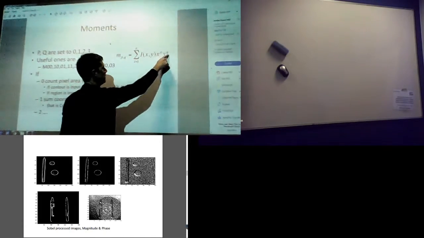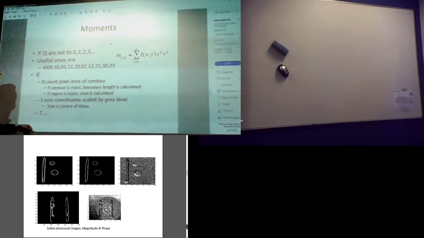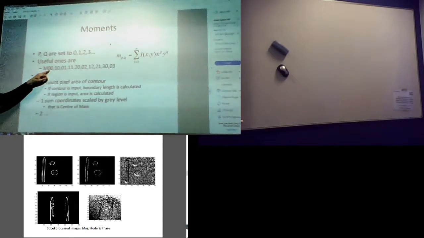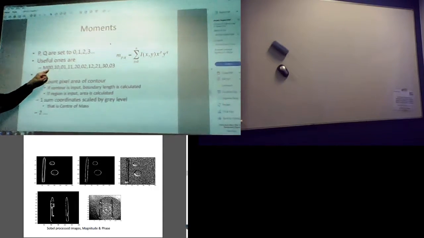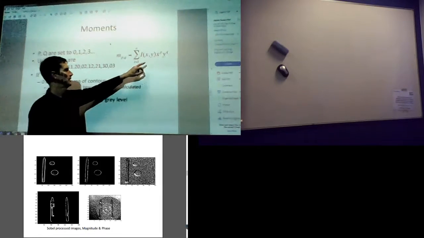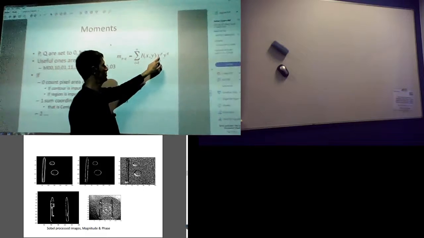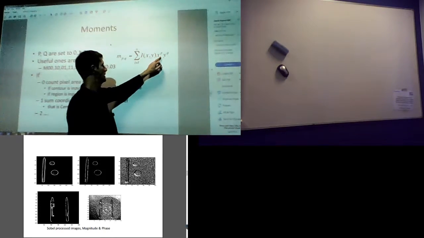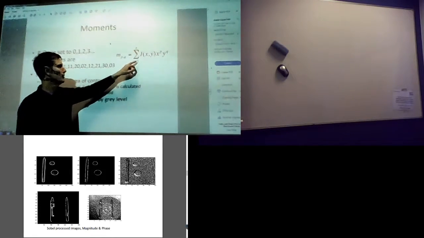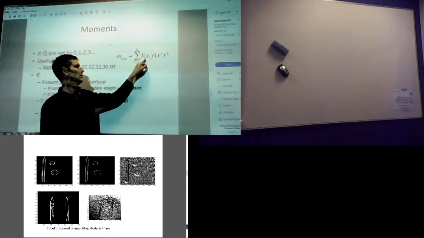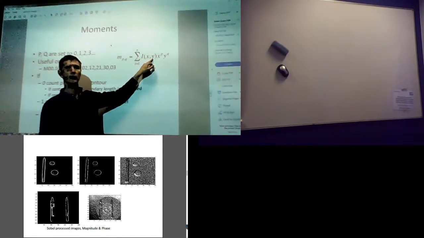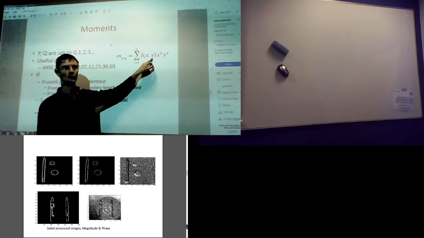So if we set P and Q to be 0 or 1 or 2, for example, so the moment for 0, 0, where P is a 0 and Q is a 0, that means that we're going to go through the whole picture and we're going to add up all of the grey levels for that picture.